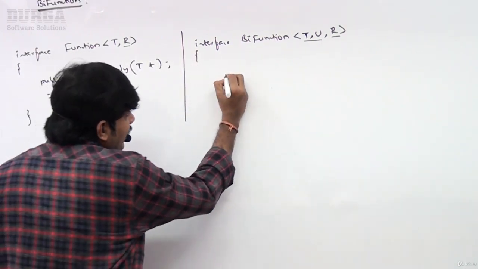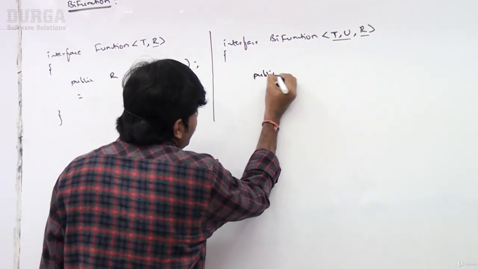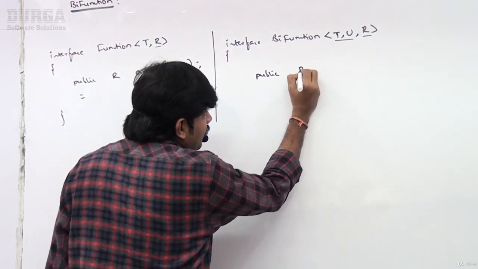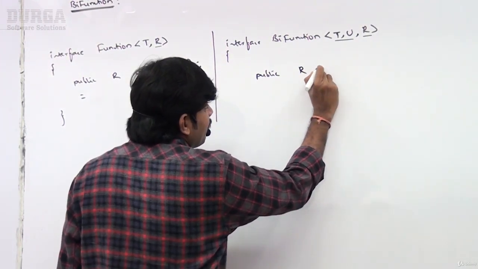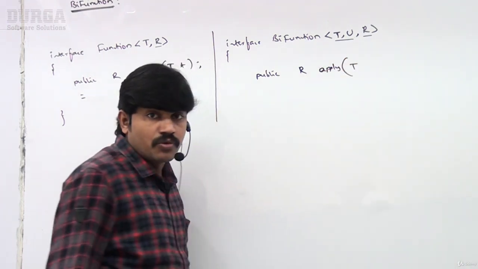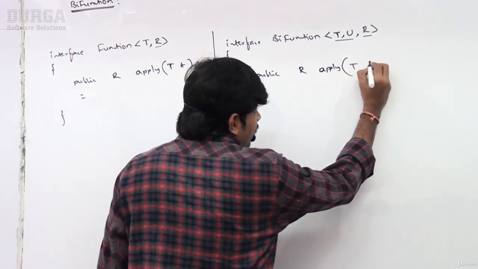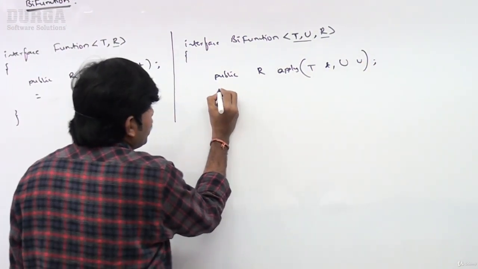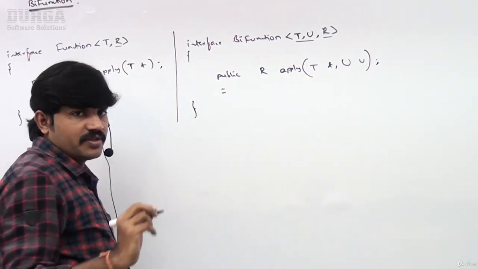Next, public. The return type is R. Apply is the method name. The method name is always the same, but this apply method is going to take two arguments, T and then U. The remaining story is always the same.